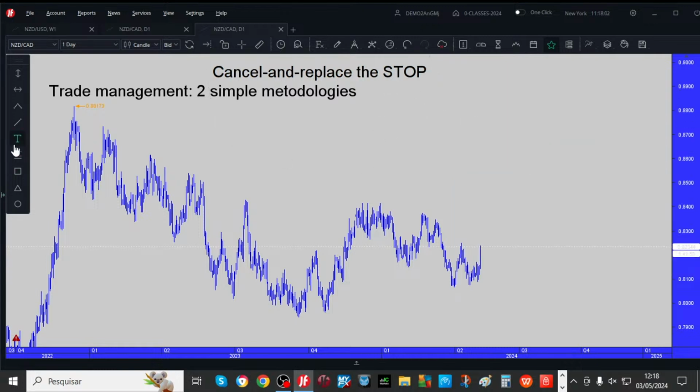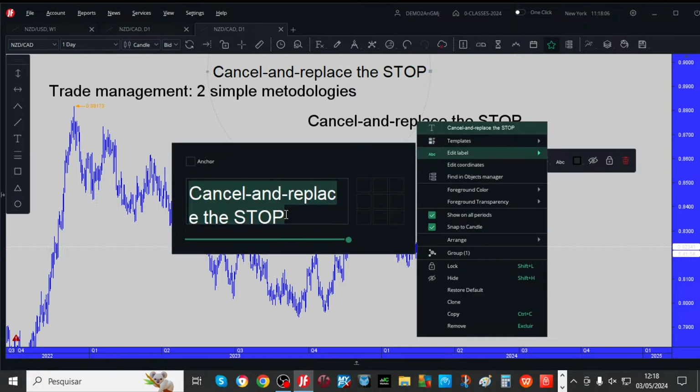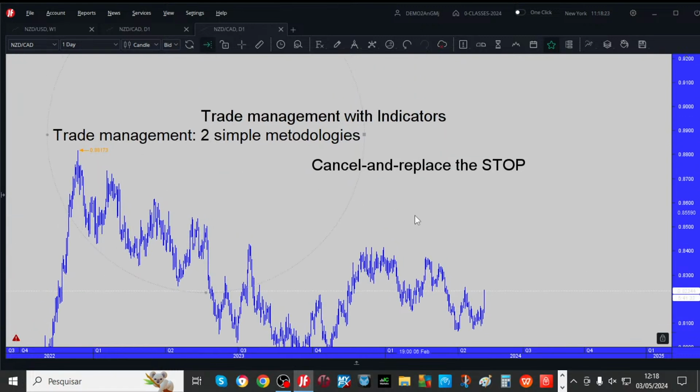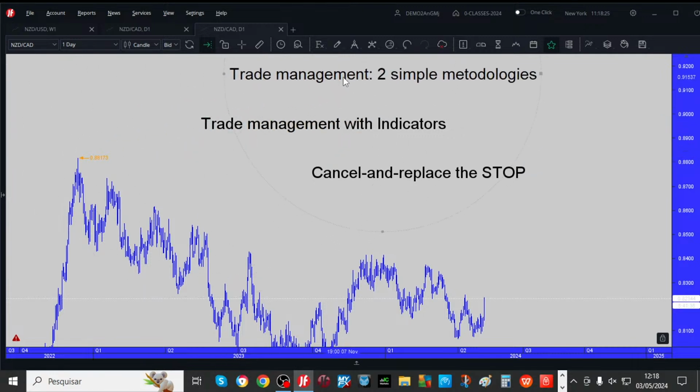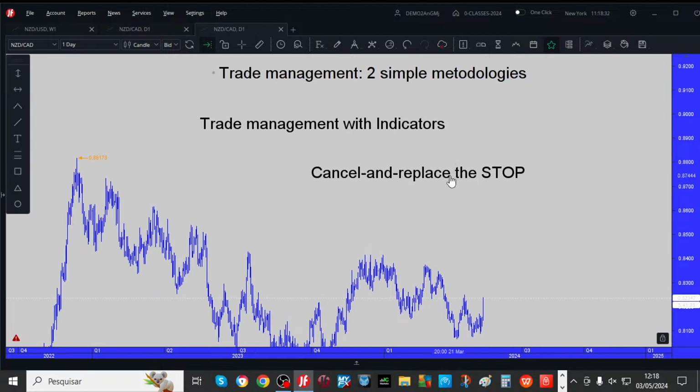And the next one is called trade management with indicators. And here you can get creative as much as you want. Trade management, two simple methodologies. We're going to talk about cancel and replace.